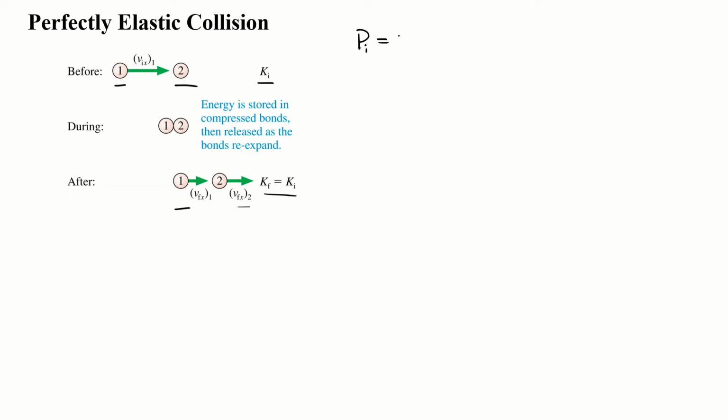Now, so far what we've discussed is we know this is a collision, so we have conservation of momentum. We know the total initial momentum, which is m1 v initial x1 plus m2 v initial x2, is equal to m1 v final x1 plus m2 v final x2 for object 2, right?